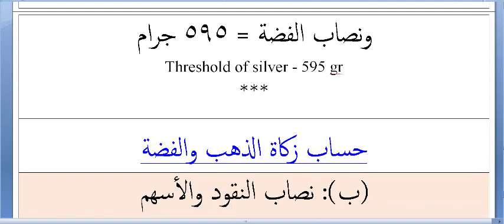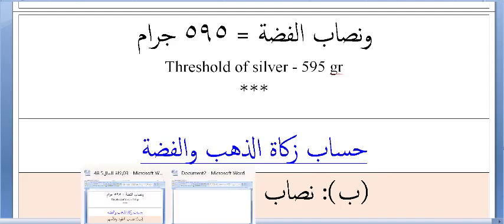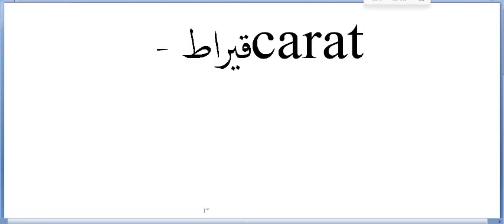Today, mostly, we don't use 100% pure gold. There is something called karat in gold, which we call qirat in Arabic. When the gold is pure, 100%, it's 24 karat.